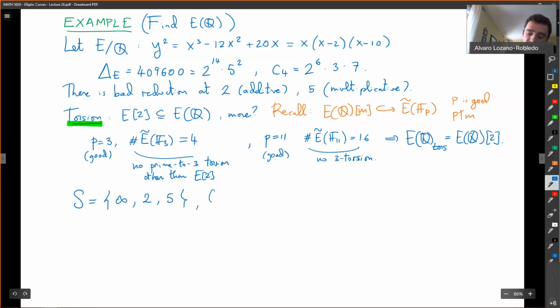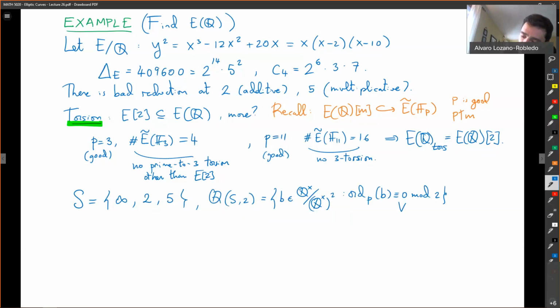Then what is the set KS2? In this case, QS2. QS2 will be classes of rational points modulo squares such that the order of vanishing at a prime is 0 mod 2 for primes not in S. So what does that say?